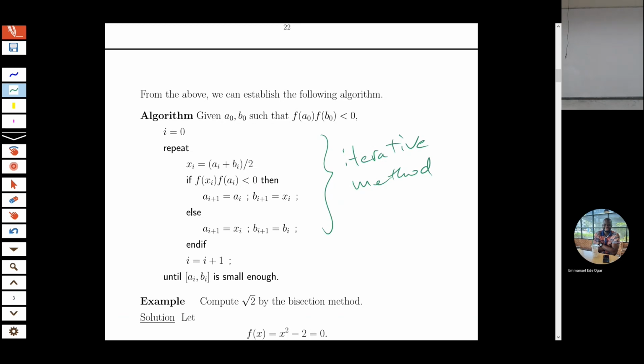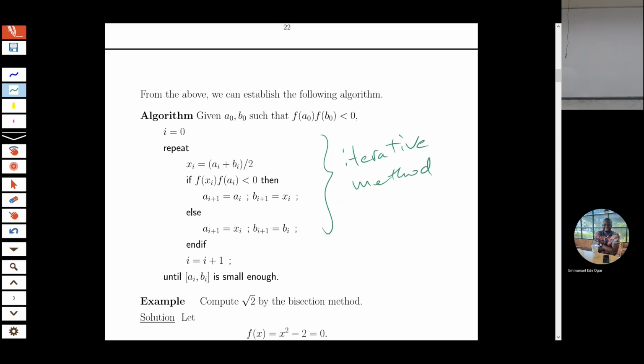How can we terminate from this iteration or from the loops? We terminate this when the interval A and B is small enough. When the interval is small enough, then we decide to terminate. So the interval AI BI is small enough.